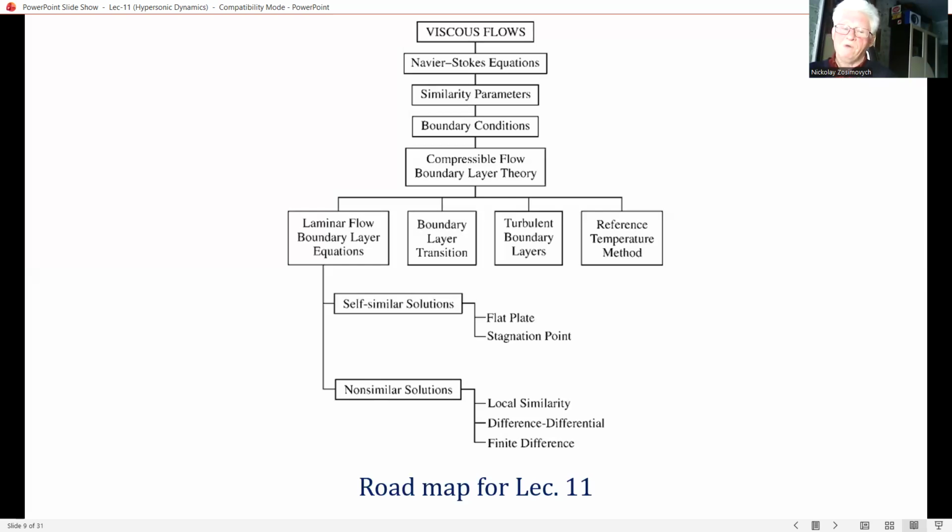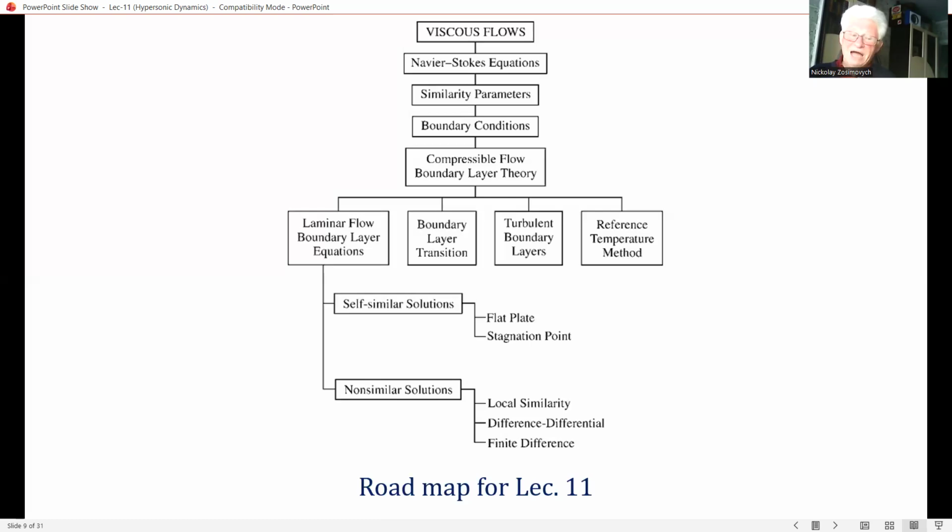This division of a fluid flow into two distinct regions, the viscous boundary layer adjacent to the surface and inviscid flow external to the boundary layer, is arguably the most important intellectual advancement in fluid dynamics since the beginning of the 20th century.